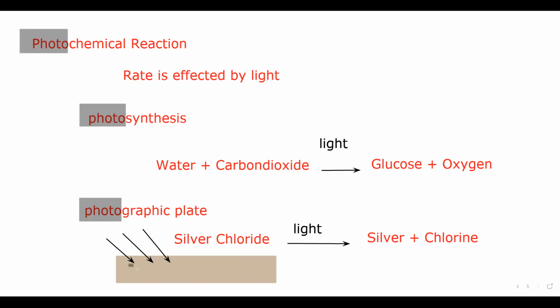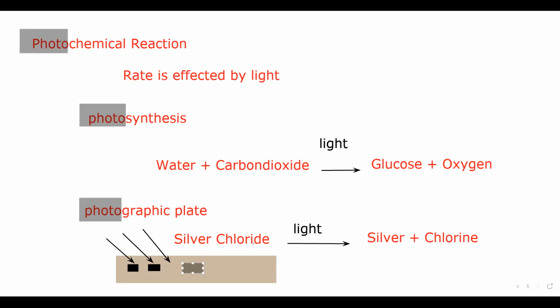So the part exposed to light will become black. If a small amount of light falls, that part will be gray. If no light falls on that region, it will not change color. So the part of the film exposed to a greater light intensity will turn black.